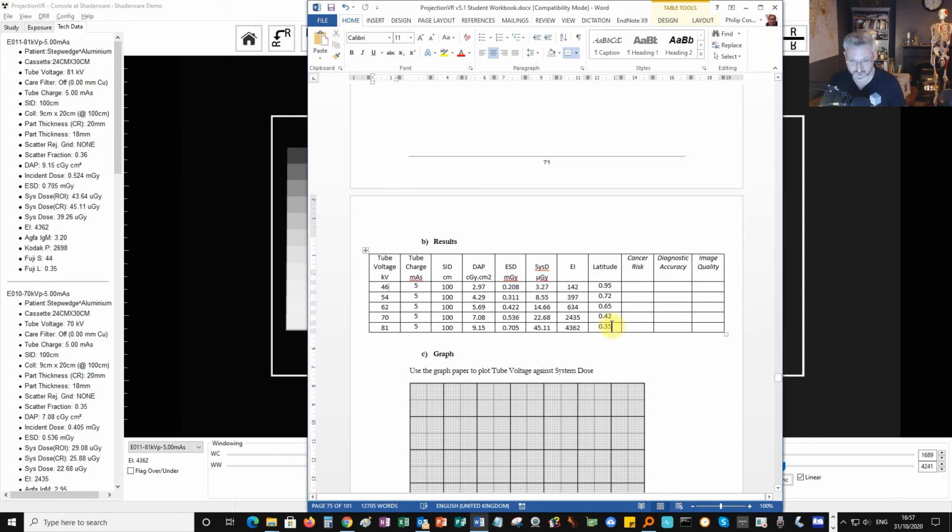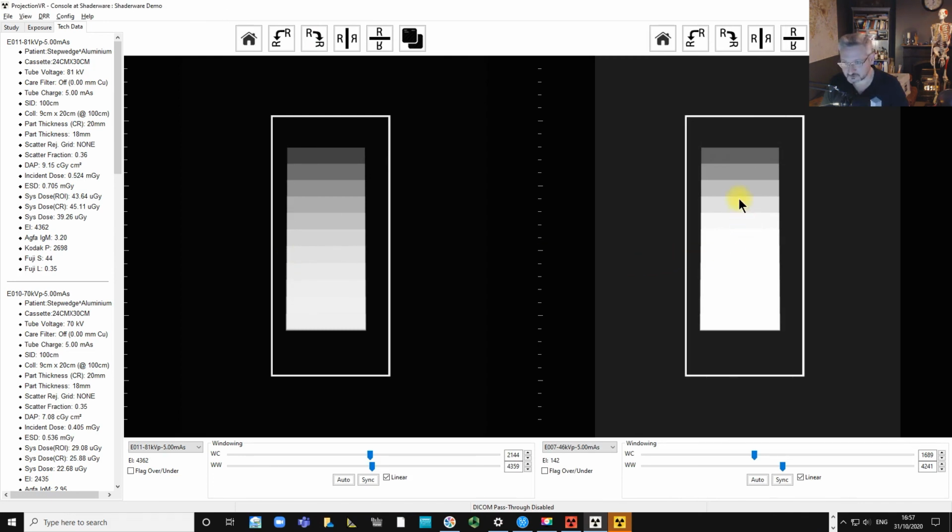And that can be a good thing. You have to be careful because it's not always a good thing to have lots of shades of grey, because that means it's difficult to differentiate each one. So let's just say here, for example, it's very clear the difference between these, whereas here the difference isn't so clear. And so sometimes in mammography, for example, we definitely want very contrasty images so that we can see the difference between a tumour and a normal piece of breast tissue.